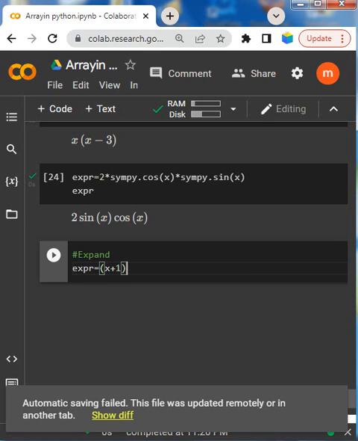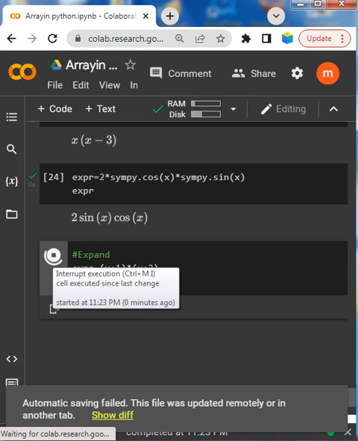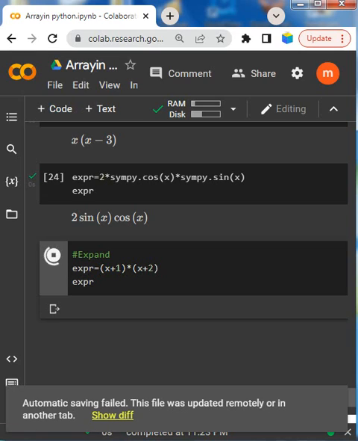So this expression, expr, has been created. If I use sympy.expand, it will multiply easily. Sympy.expand, so it has been created, look like this.